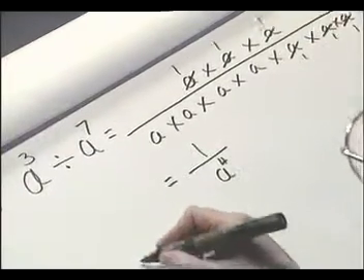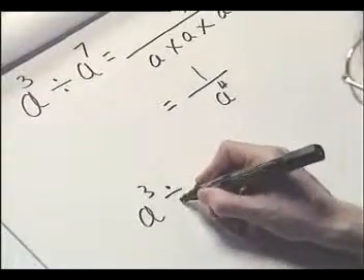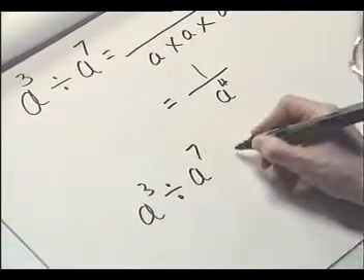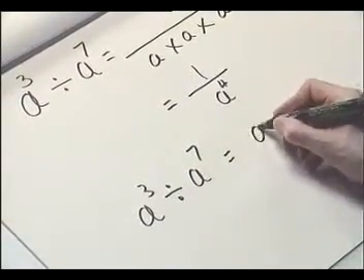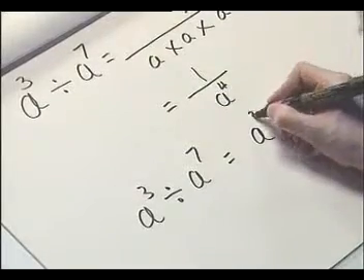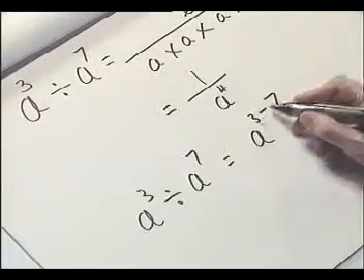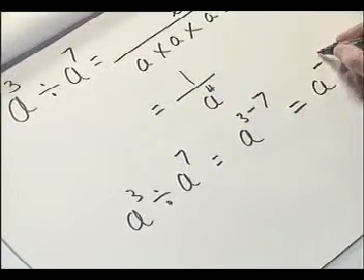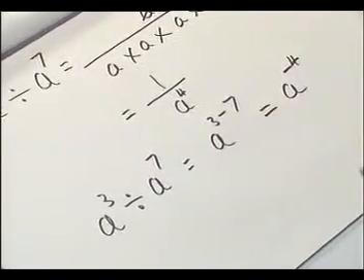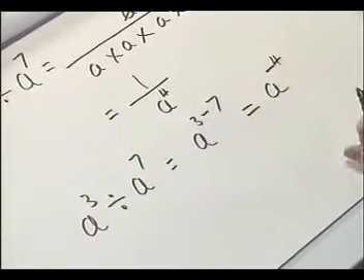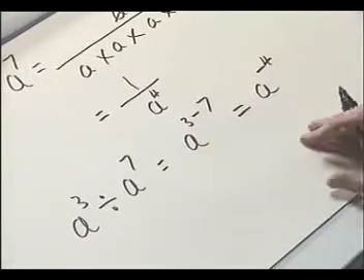Let's use our third law, our third rule, and do it by subtracting the indices. Well, 3 take away 7 is minus 4. So we've got a to the power minus 4. So, same argument applies. We've done the same calculation in 2 different ways.